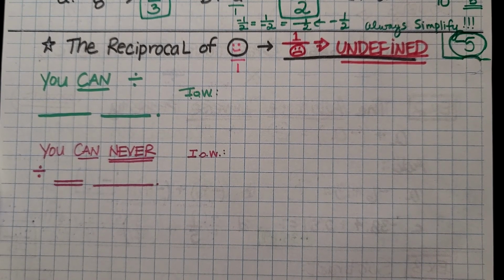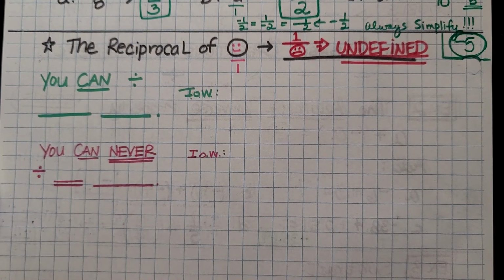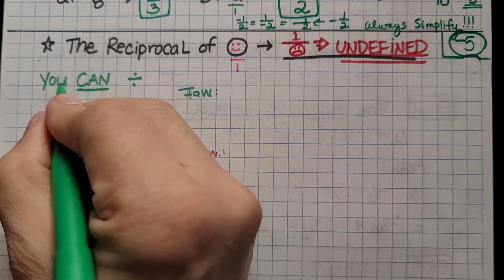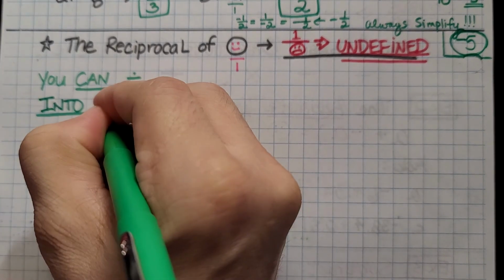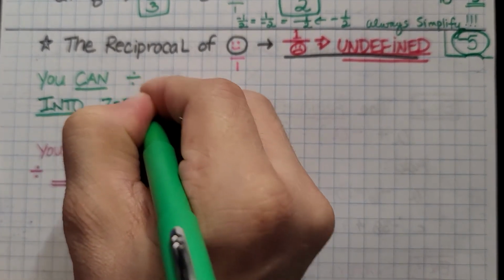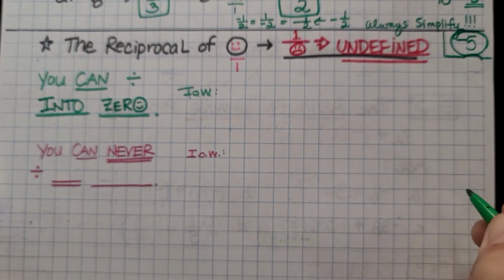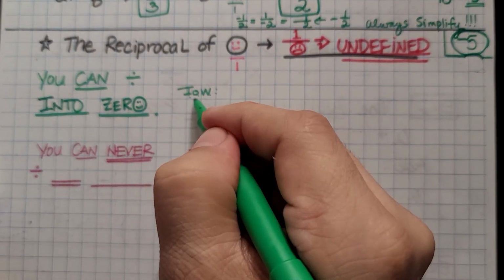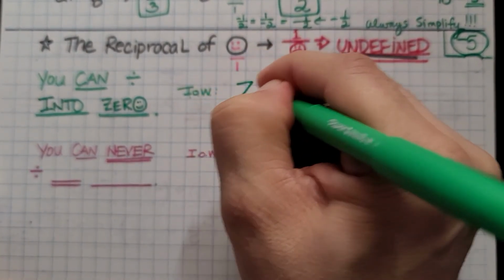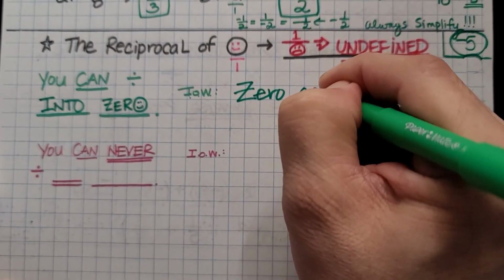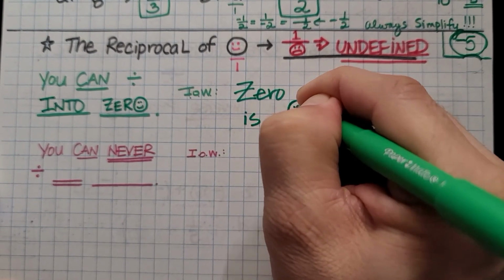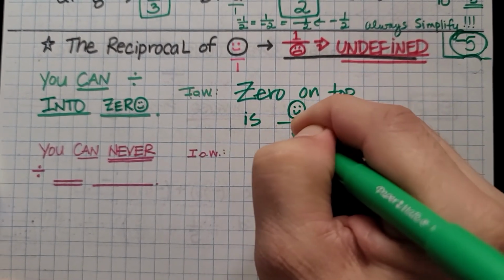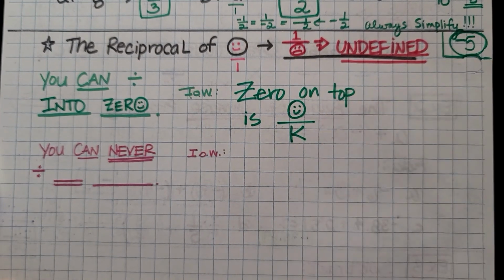So here's what we can say. You can divide. Let's go green. It's okay. Yes, you can divide into 0. In other words, here's my little saying. 0 on top is okay.